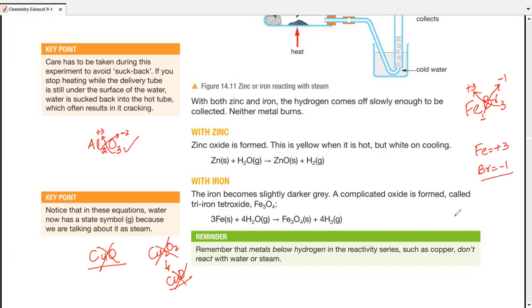So either you have the reverse cross multiplication method, or you have the method of putting the value x and then finding that x based on the fact that the sum of the oxidation states of all the elements in a compound is equal to 0, or that of an ion is equal to its charge. You can always find it. Once you find it, it's easy to correlate it with the left or the right hand side of the equation, pointing out which one is going with reduction, which one is going with oxidation.